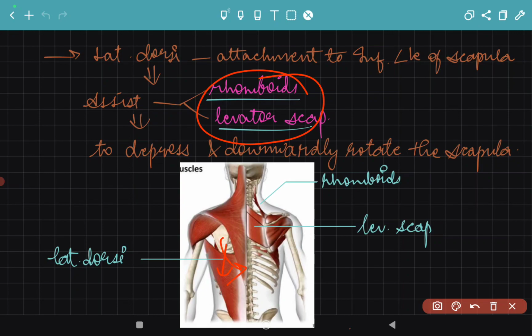So we can appreciate the rhomboids, minor, major. So this will be levator scapulae and this is our rhomboids.